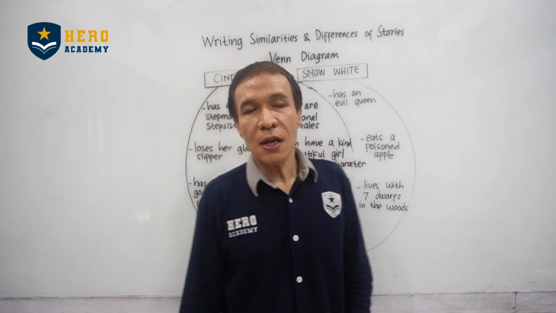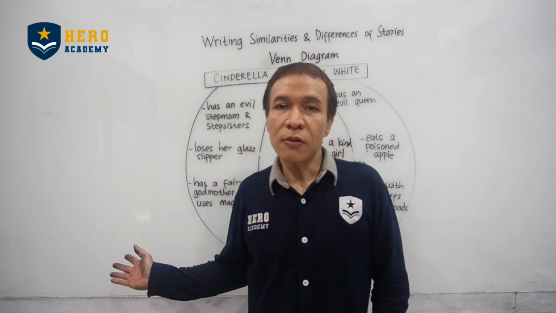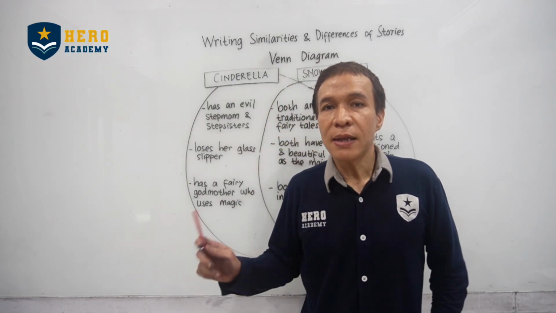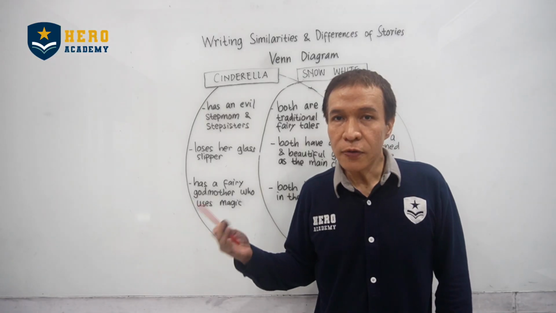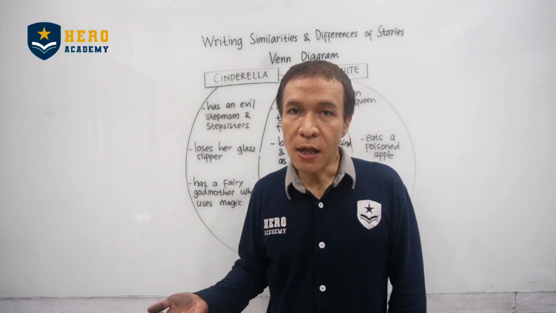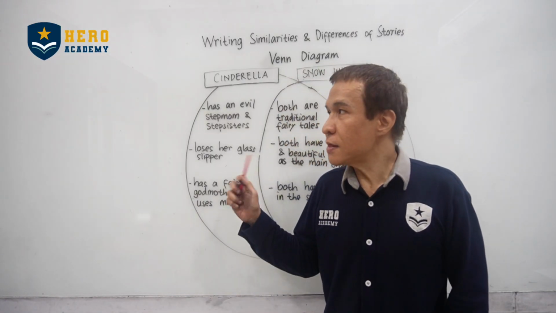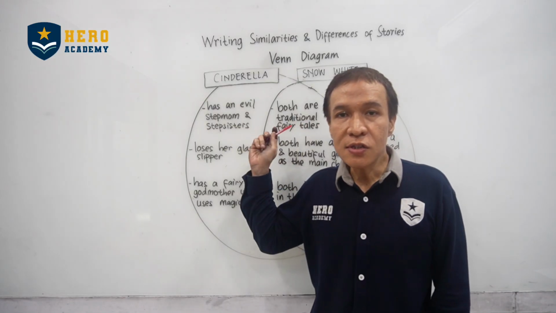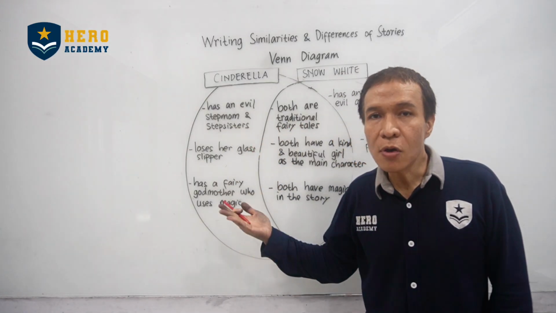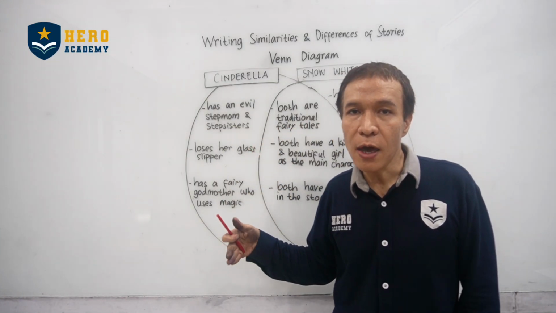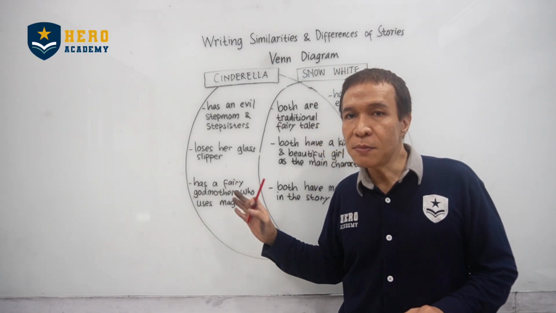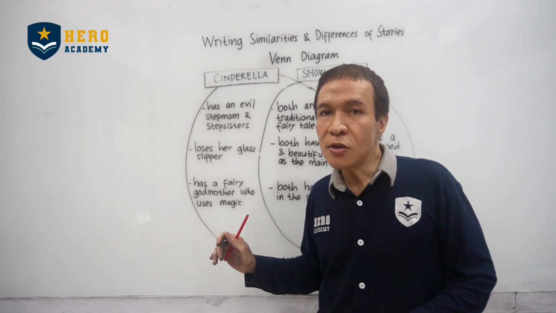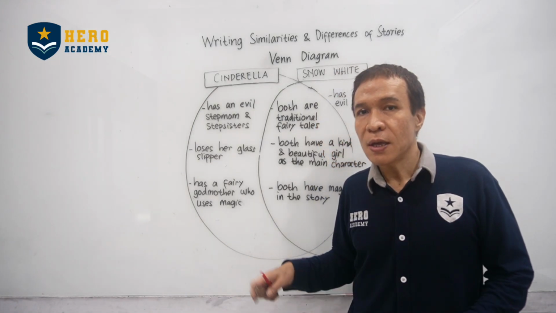Okay, heroes, what have we learned about this lesson today? Now, when you want to write a story of your own, maybe you can think about the traditional fairy tales that you have known or watched or read before, and try to find the similarities that you can use in your own story.